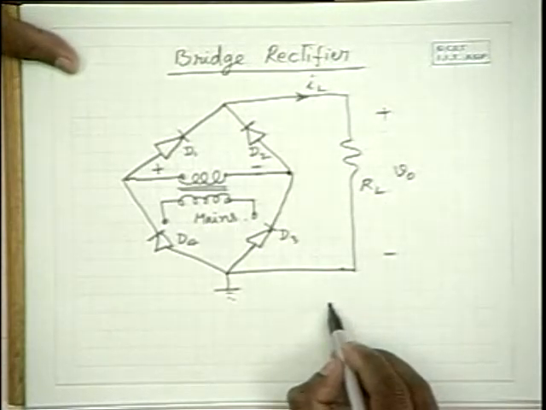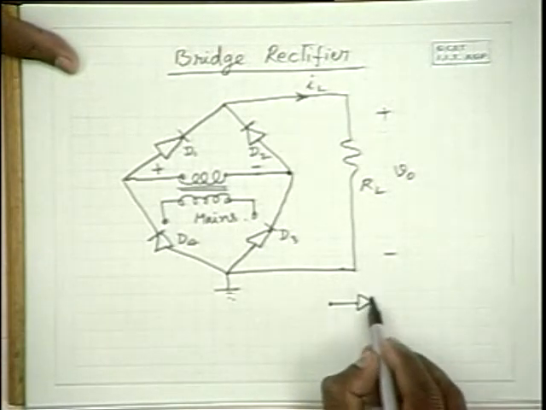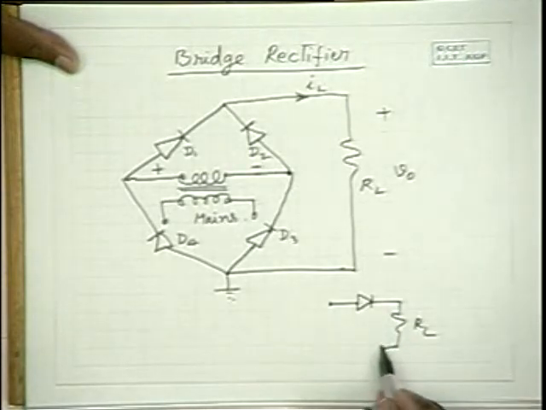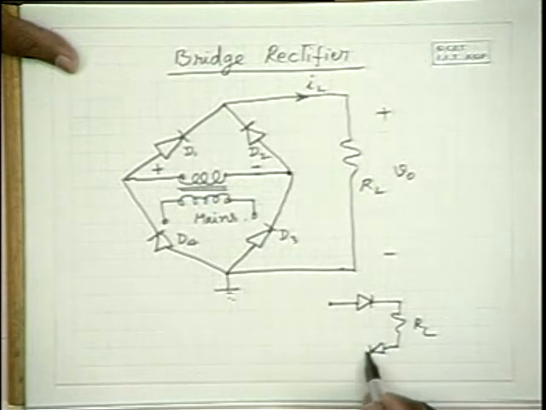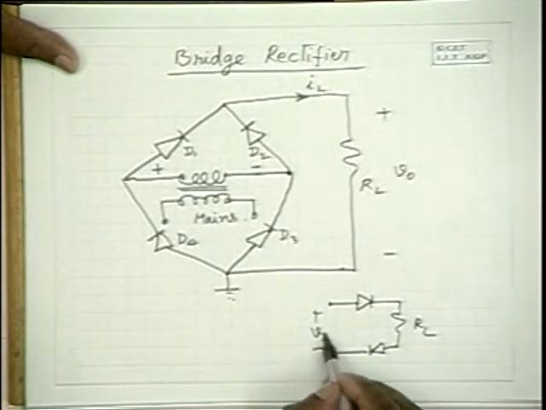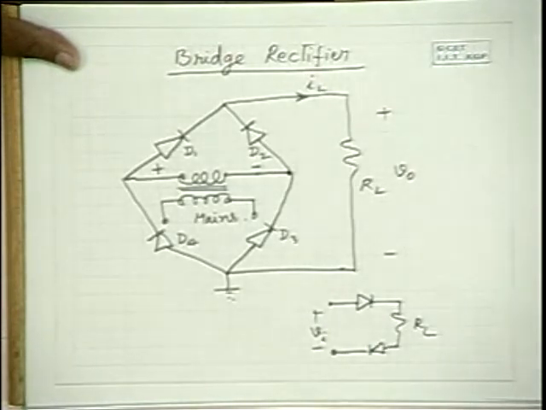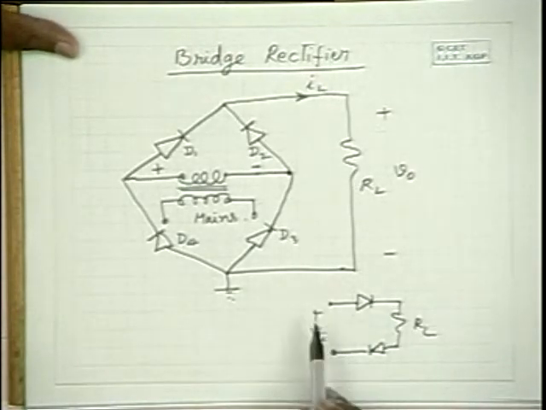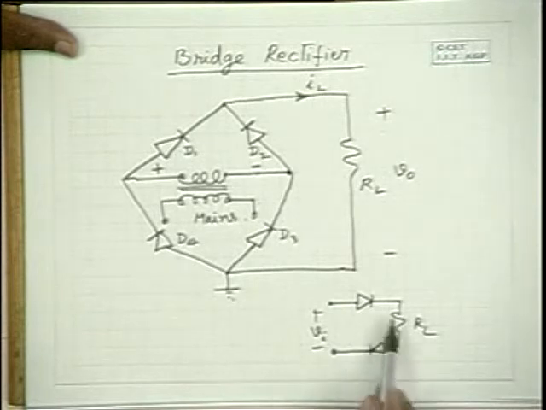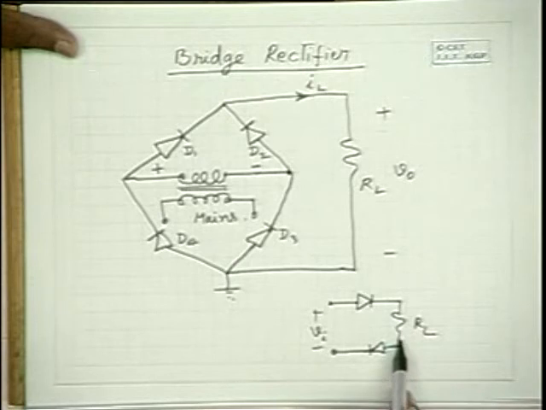Between the supply you have diode D1 and load resistance RL, and you have diode D3 connected in this fashion, and you have the secondary output of the transformer applied like this. So in this situation both the diodes are forward biased and they are in series, and the rest of the voltage is passed to the load resistance RL.